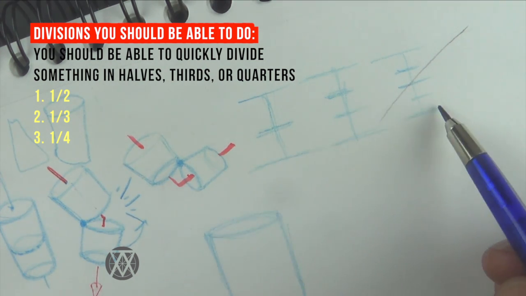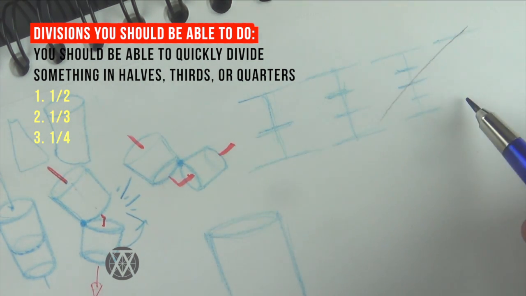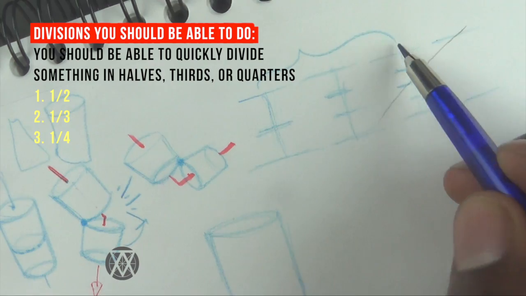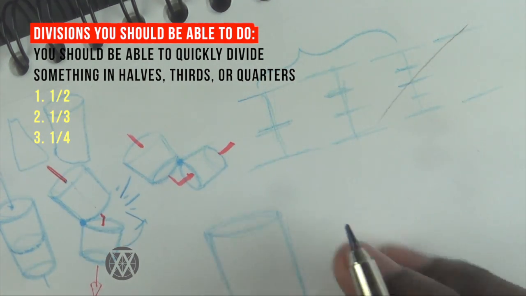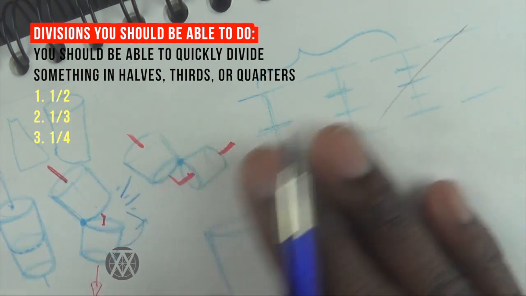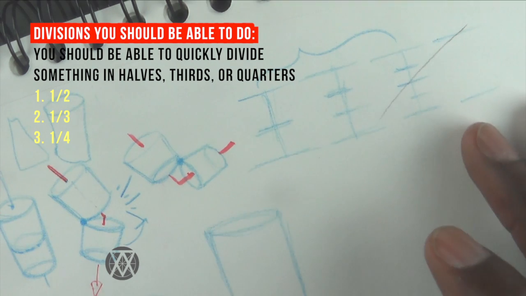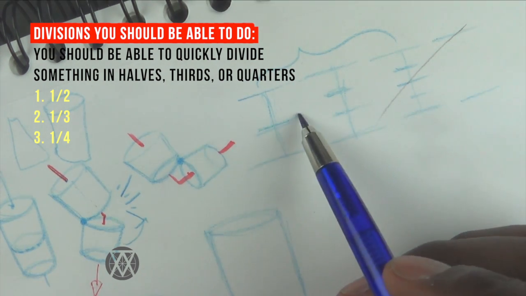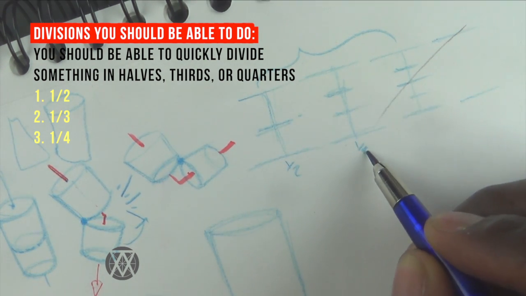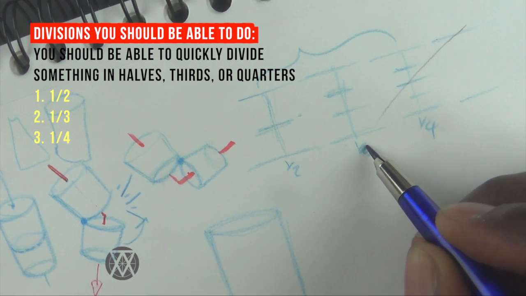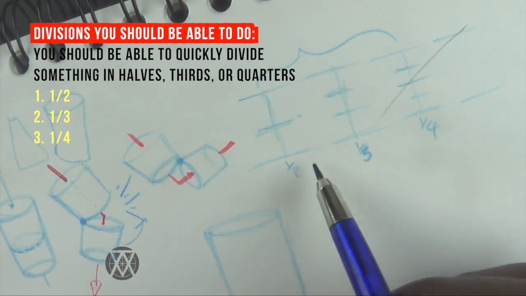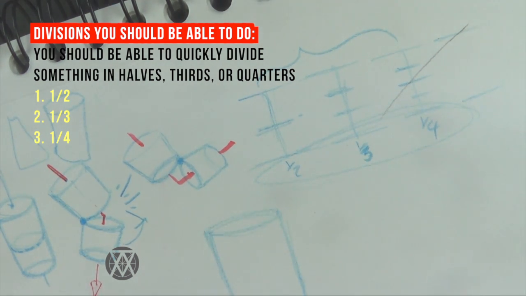I would say fifths as well, but these are the three main types of divisions you should be able to memorize and practice doing freehand, okay, without any type of measurement, rulers or whatnot. Making halves, making thirds, and making quarters, okay. I'll go as far as to say fifths, but these are three that you should definitely learn how to do.